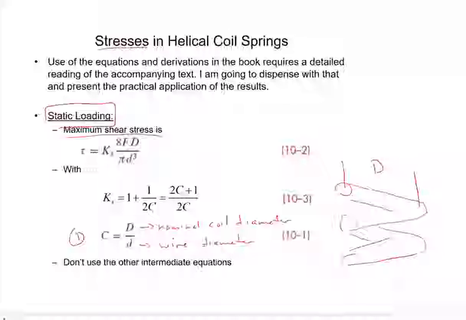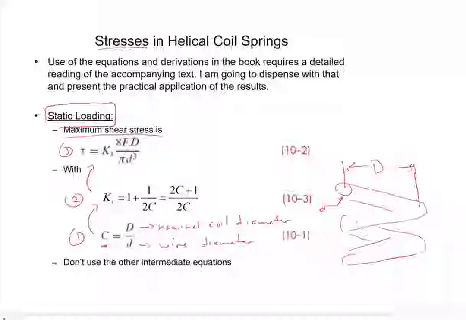So this is D, the coil diameter, and of course, this is d, the wire diameter. You'd start by calculating the constant C. From that, you would calculate the spring constant stress concentration factor. And then finally, you can get the maximum shear stress using K sub S.